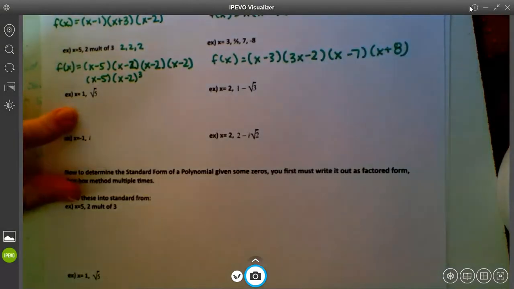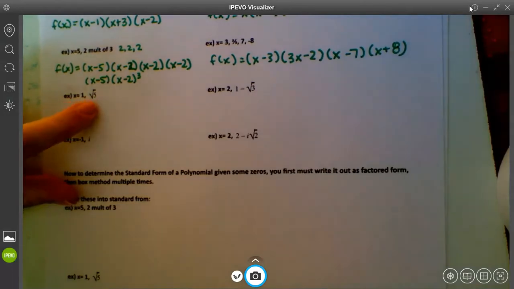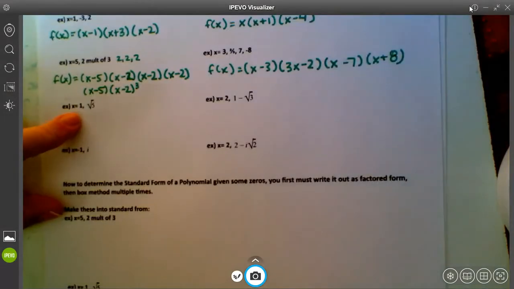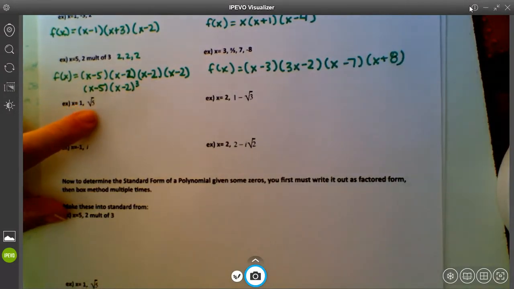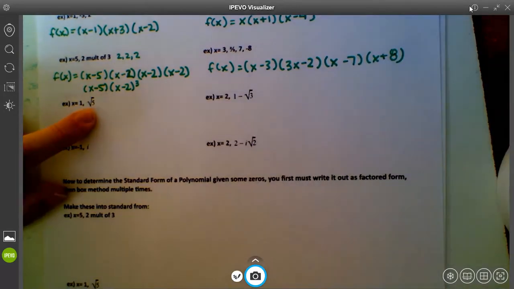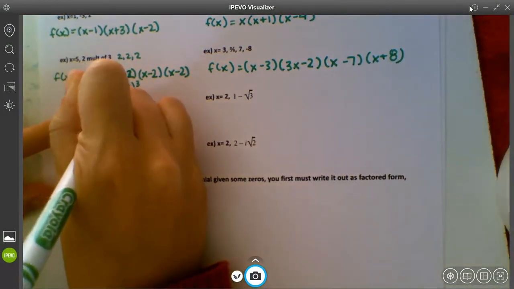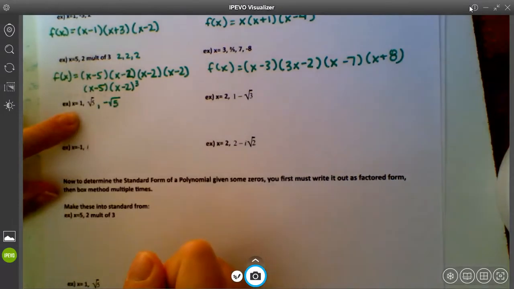So this says 1 and root 4 are some of the zeros. Well, I know, and you should know too, that radicals, so irrational numbers, have to come in conjugate pairs. So you should know to add negative root 5 to the list.